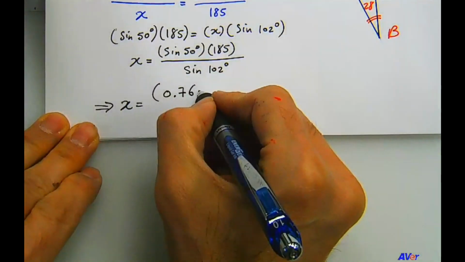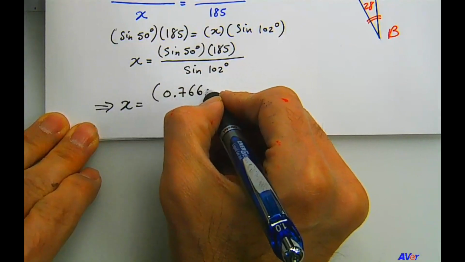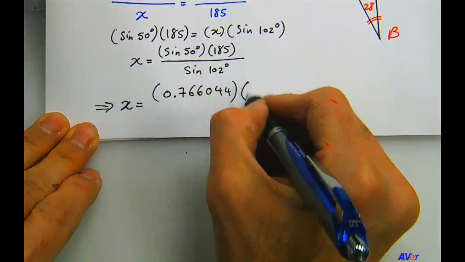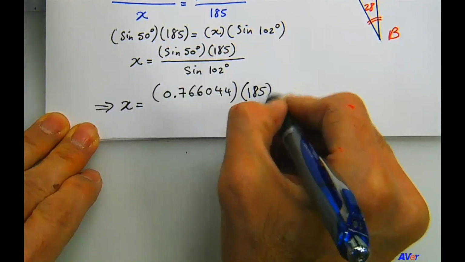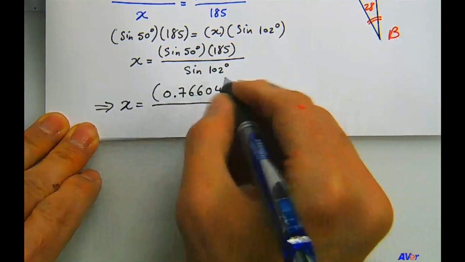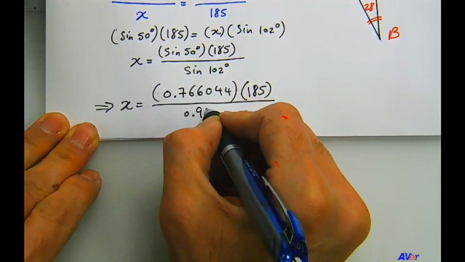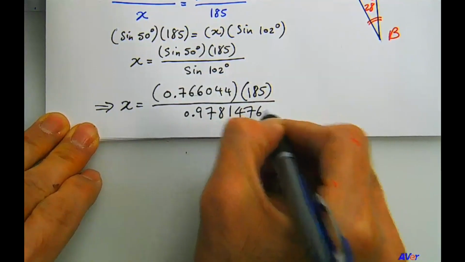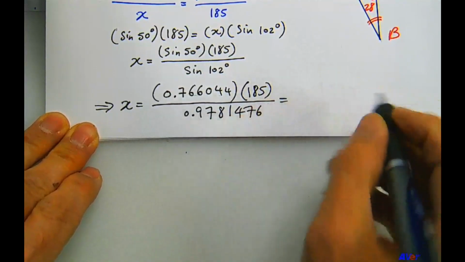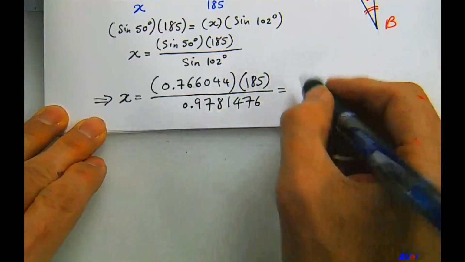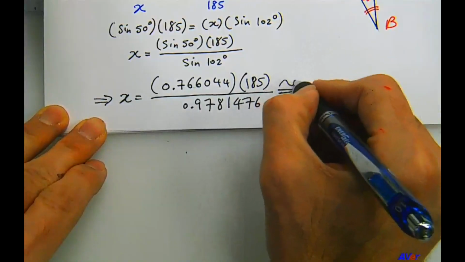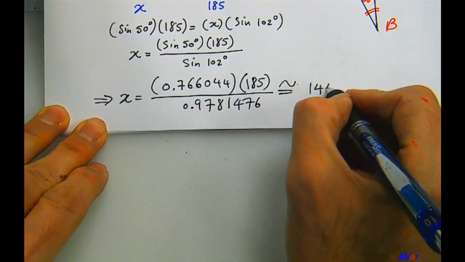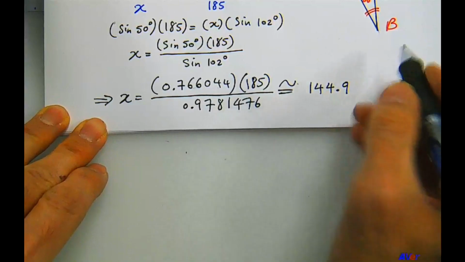So 0.76604, so I kept 6 decimal places, times 185 divided by 0.9781476, and so if you calculate this, this will be roughly, I'm rounding this to 144.9.